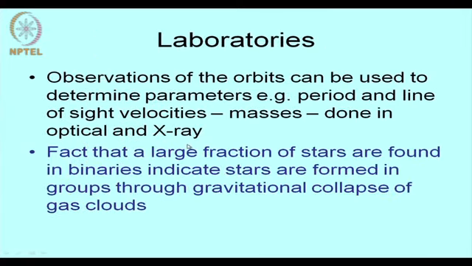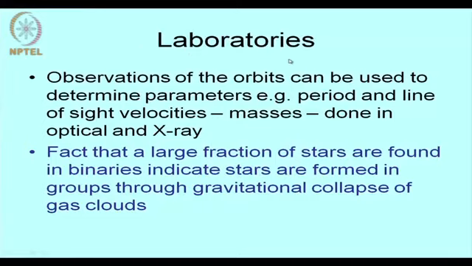Now, binary stellar systems are some of the most interesting things that one could study. They are actually astrophysical laboratories. Why? Well, observations of the orbits can be used to determine parameters of the stars.